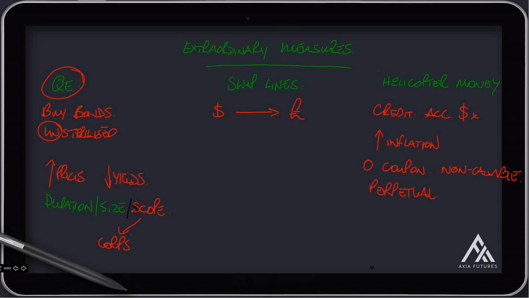So what this means is this is a bond that has zero coupon, i.e. 0% rate. It's non-callable. Therefore, if you buy the bond, you can't then ask for your money to be paid back, the principal that you paid for it. And it's perpetual, which means it does not have a maturity date, as with most bonds.